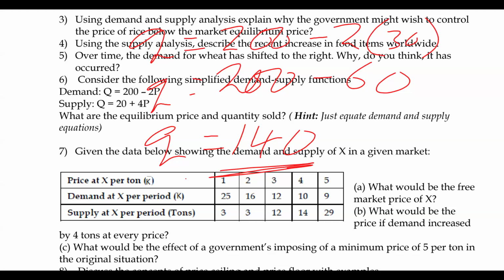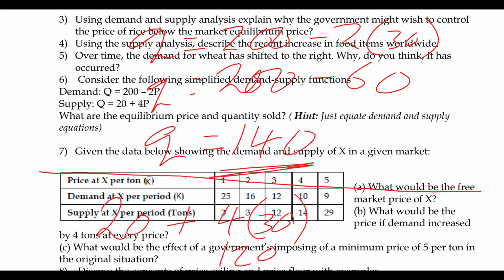Let's try it in the supply function. 20 plus 4 times 30. What is 4 times 30? 120, plus 20 is 140. You've seen that it is agreed that quantity supplied and quantity demanded are equal at equilibrium.